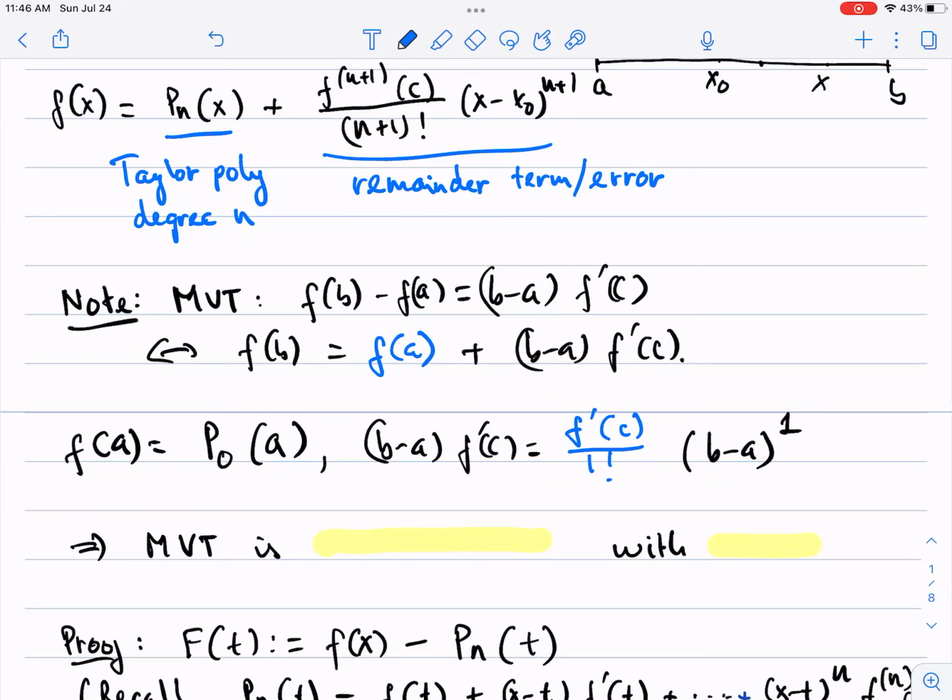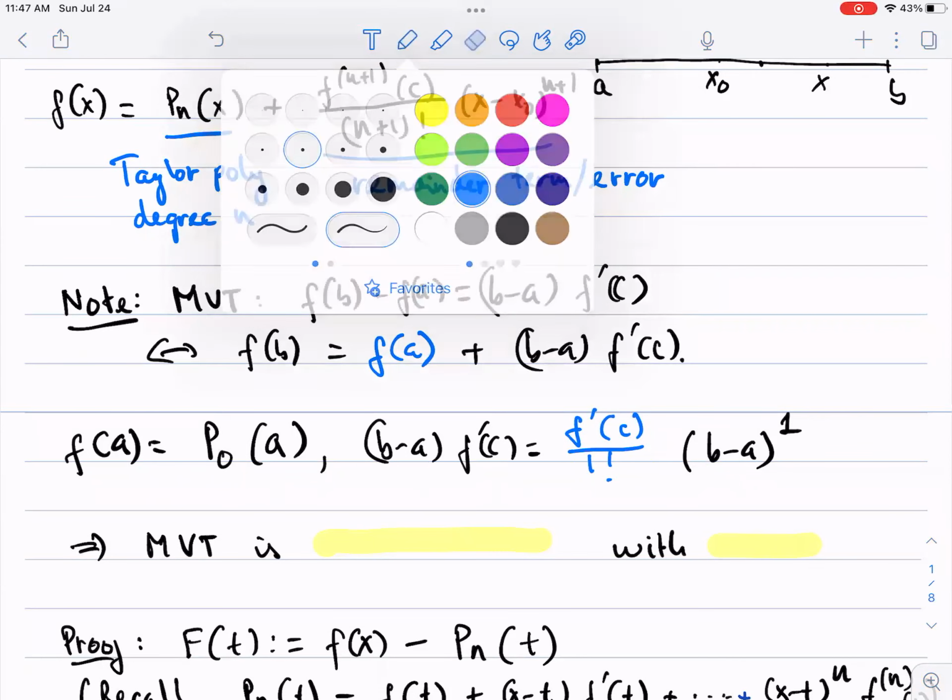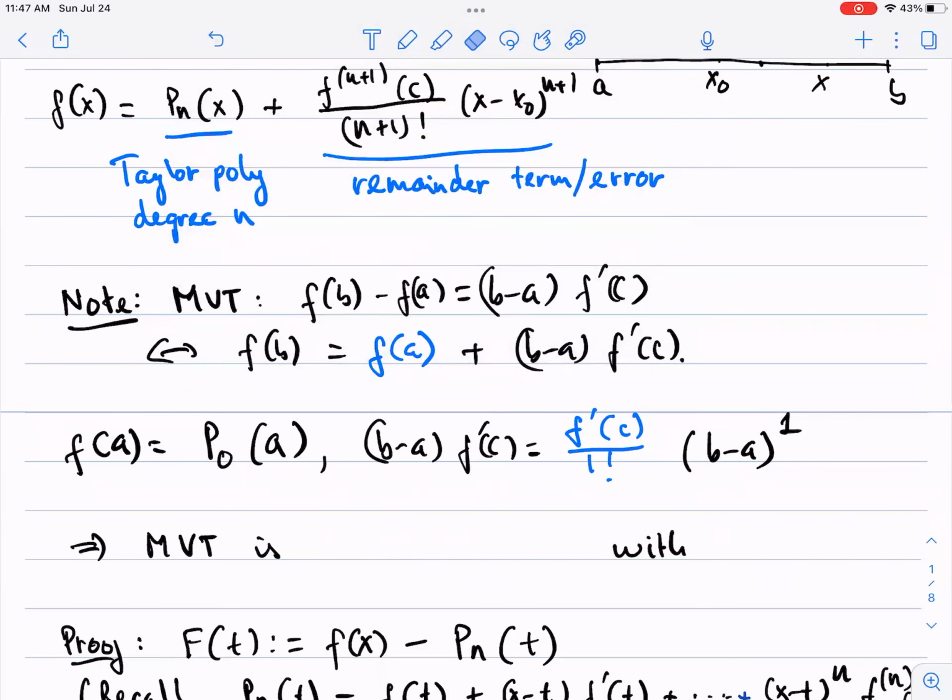So we can see that the mean value theorem is essentially the Taylor theorem with n equal 0. So we see the Taylor theorem as another generalization of the mean value theorem.